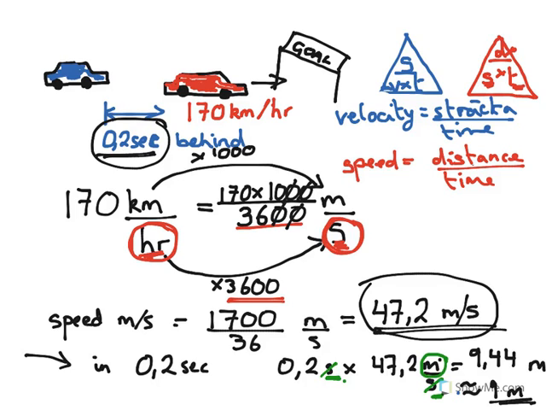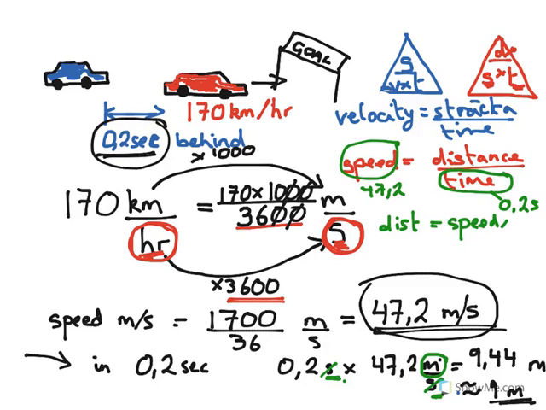So we know that we have the speed, which we knew was 47.2 meters per second, and we also had the time. The time was 0.2 of a second. So the distance, if we just rearrange the algebra, the distance is the speed times the time.